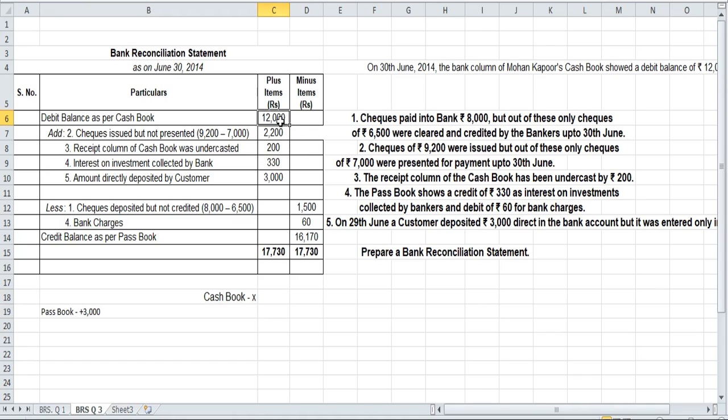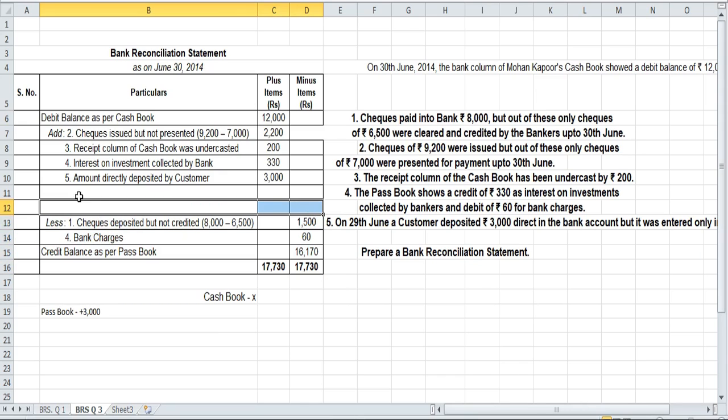Okay, now for you all to make it a little easier to do this, let us plus all this side, and this is coming to 17,730. Okay, so this is the total over here, 17,730, and then what we are going to do here, we are going to minus all these items, and then we'll minus these two items.